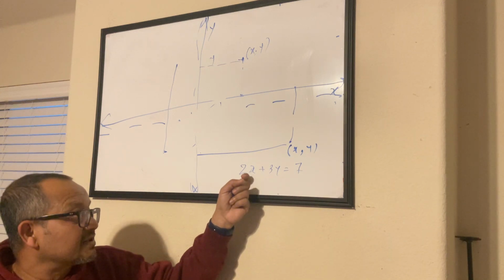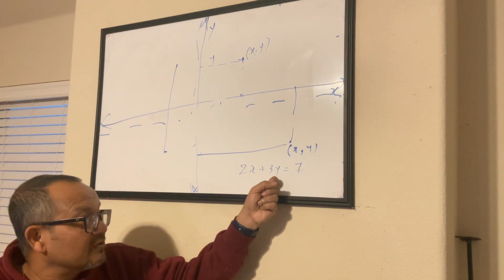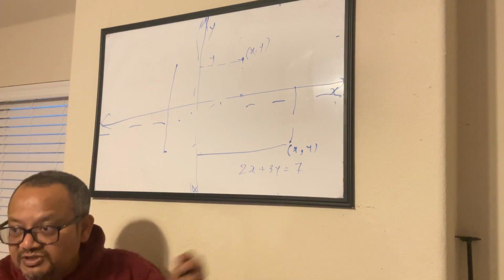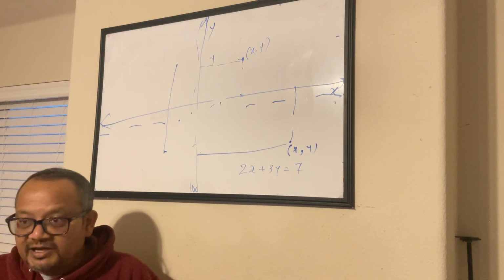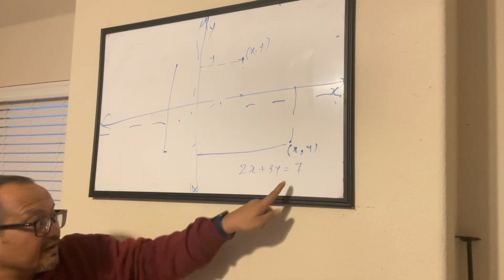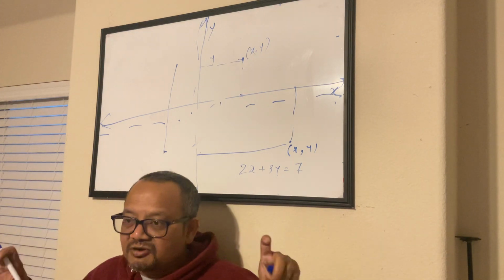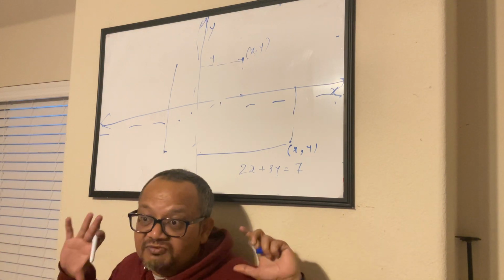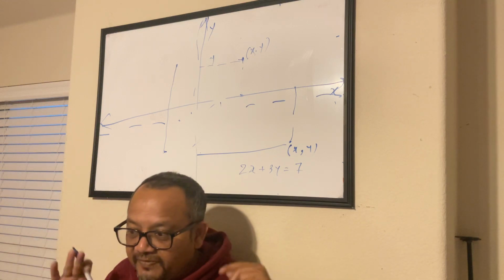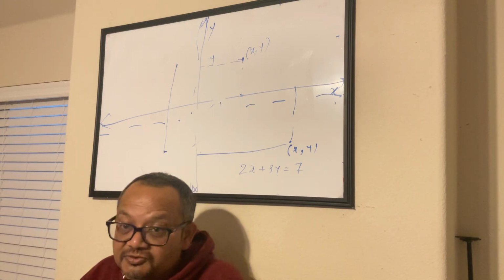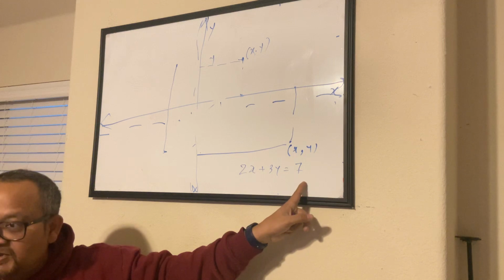If the value of x decreases, then the y value will increase to give you a total of 7. So this is a deal that you and I will change in a way that our total value is this. Any equation that you look at is nothing but a contract between the variables saying, this is what we are agreeing to. If I change my value, you will have to change your value so that this is our output.